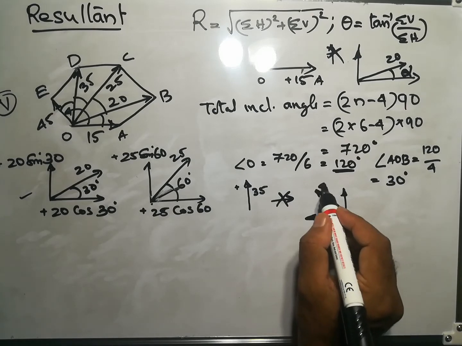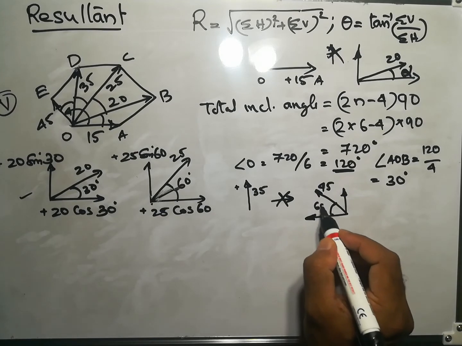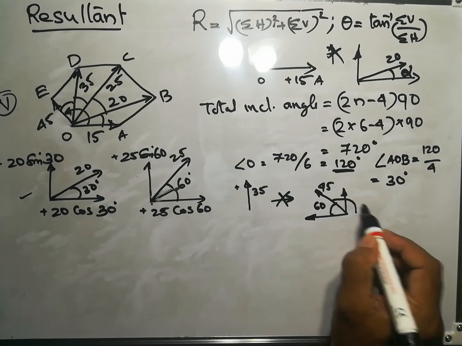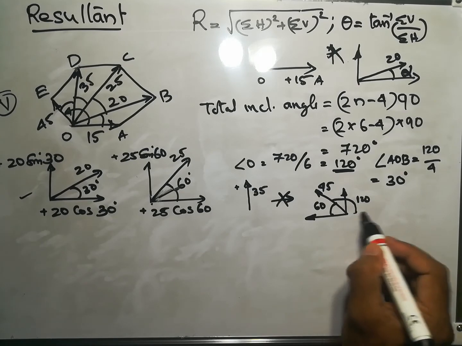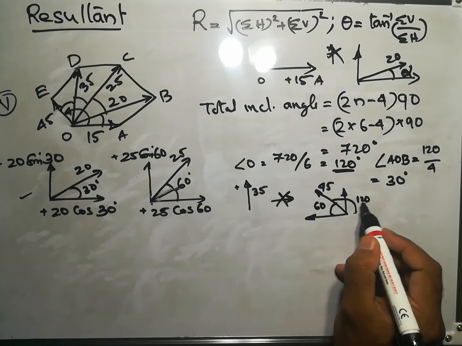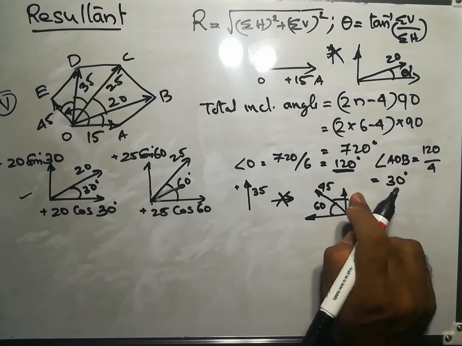This is 45 Newton, and this angle will be 60 degrees, because this total angle is 120, and we know the total angle will be 180, so the difference will be 60 degrees.